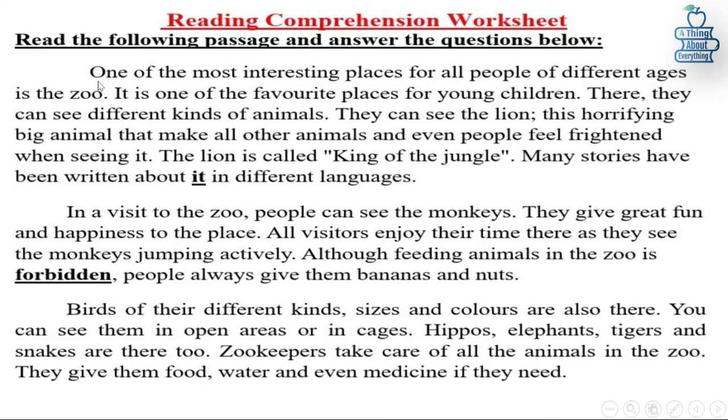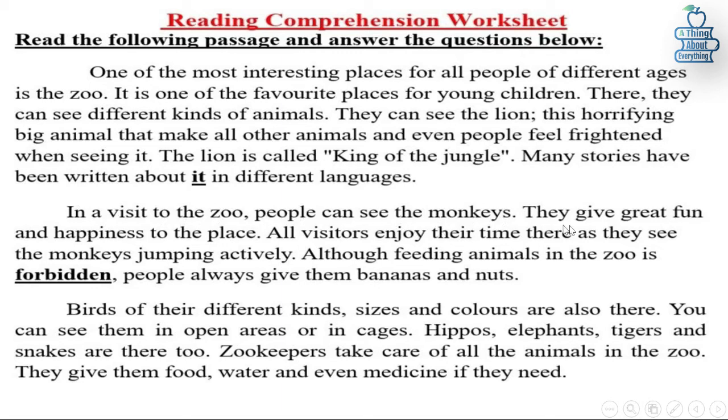You have now to read with your eyes, scan the text, and search for those details that we have read about. So they found that it is listed as a place for all people, so they like it. So the first idea is okay. The lion is called the king of the jungle. Many stories have been written about it in different languages.